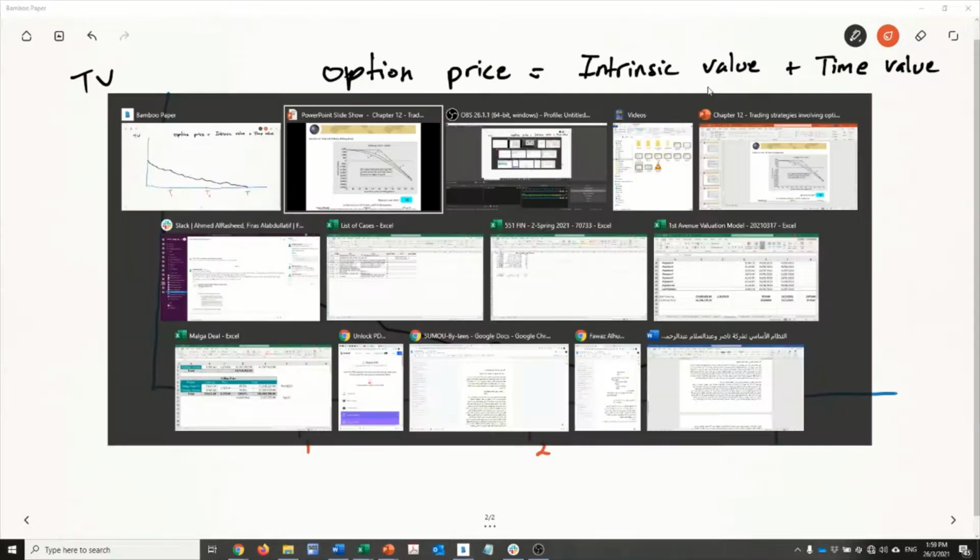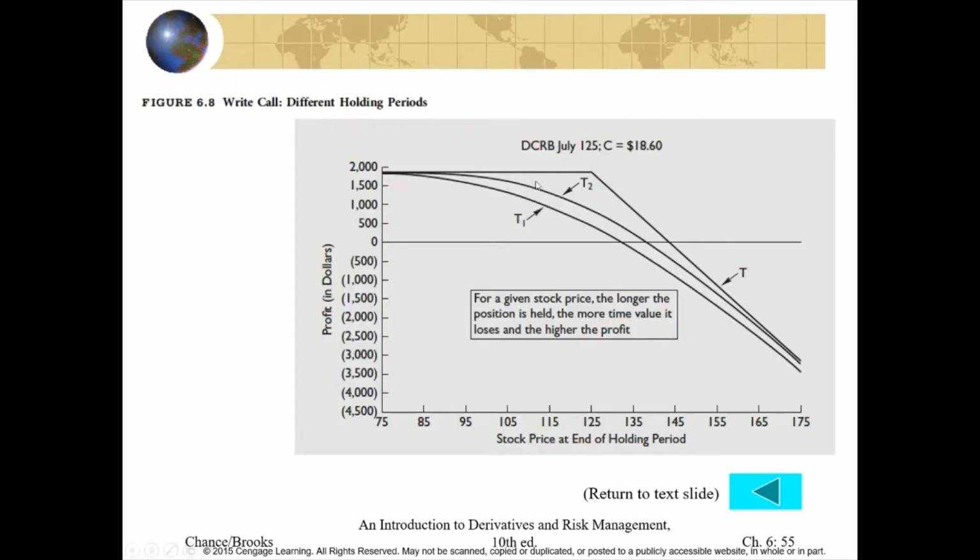That is why keeping the option until the expiration will result in the highest profit, because I will not pay for the time value. But if I exit at time t2, the profit will be higher compared to time t1, but less than waiting until the expiration. I am taking an offsetting position, I am paying for the time value.